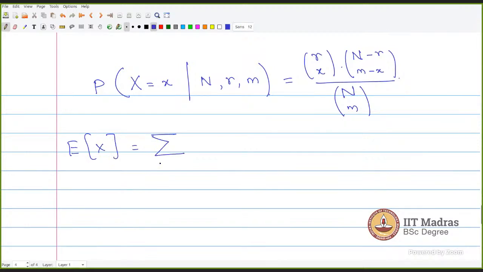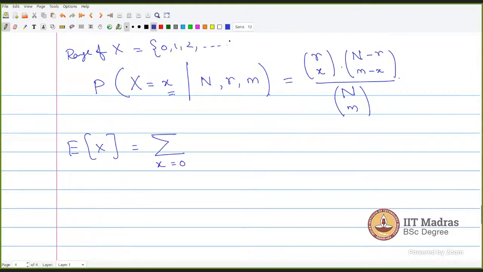And now we know the expected value of X is summation, x from 0 to... okay, what is the range of x here? What will be the range of x? Tell me that. So it starts from 0. Till where will this go?